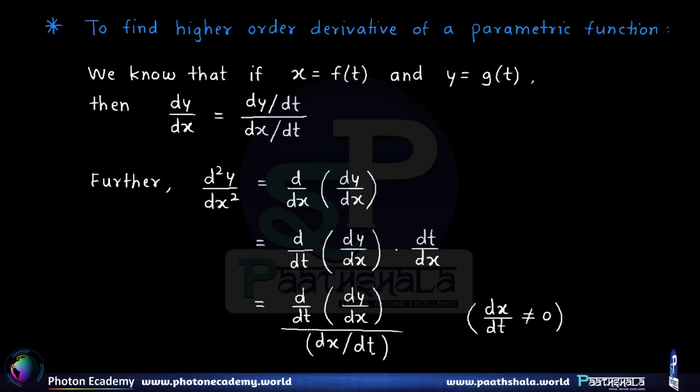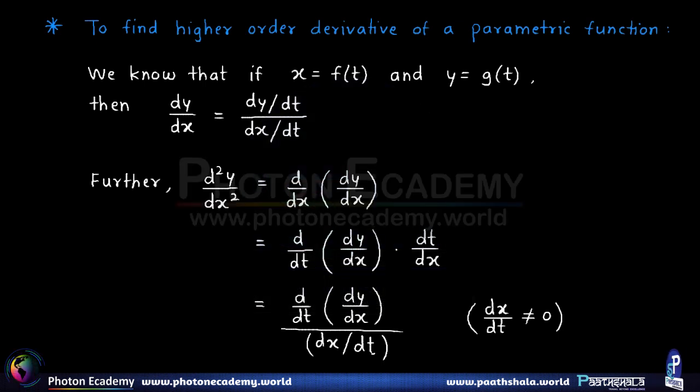Now what we do is we use here the chain rule, that is first we differentiate this particular quantity with respect to the parameter t, right? And therefore we have to multiply by the derivative of t with respect to x using the chain rule, isn't it?